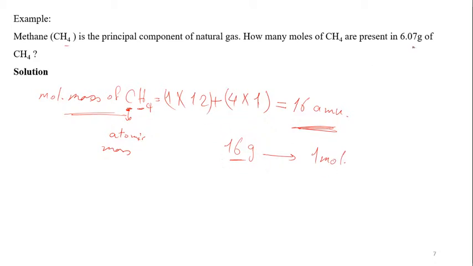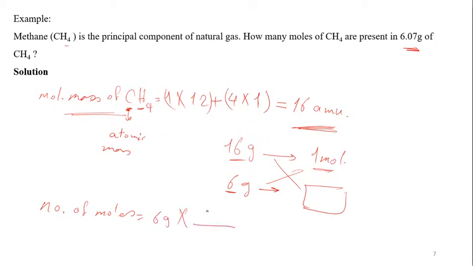So if I have 6 grams of methane, how many moles do I have? To solve that, the number of moles would be equal to the given unit, which is 6 grams, multiplied by 1 mole, which is the desired unit, divided by 16 grams, the molecular mass of methane.